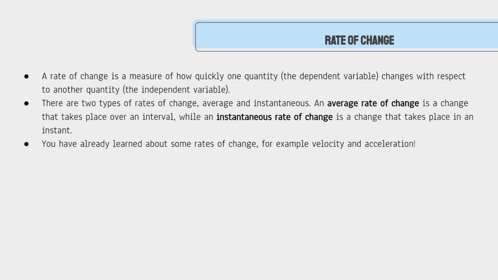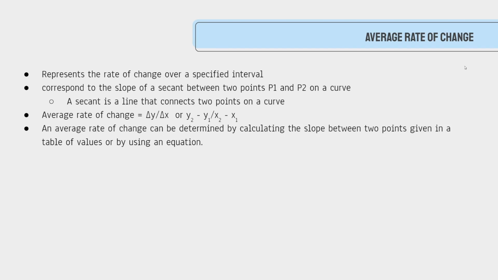An average rate of change, or AROC as I will be referring to it, is a change that takes place over an interval, while an instantaneous rate of change, which is IROC, is a change that takes place in an instant. You should have already learned about some rates of change, for example, velocity and acceleration in grade 11 physics if you ever took that, so hopefully you're a little bit familiar with this concept.